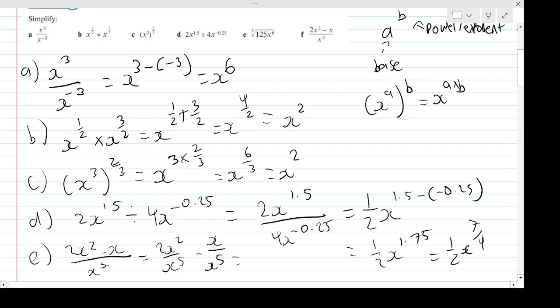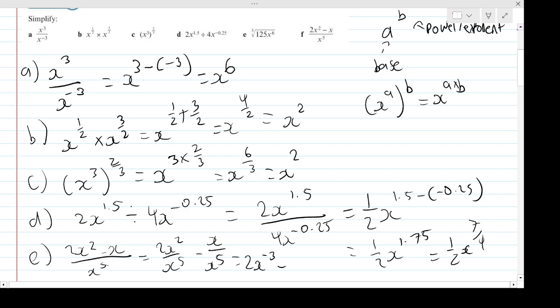So now I can apply the index laws separately, because now I have different powers, so I can subtract them in the usual way. With the first fraction, we have 2x squared over x to the 5. Well, I can just have 2, but then I subtract the powers. So 2 minus 5 will be x to the minus 3.